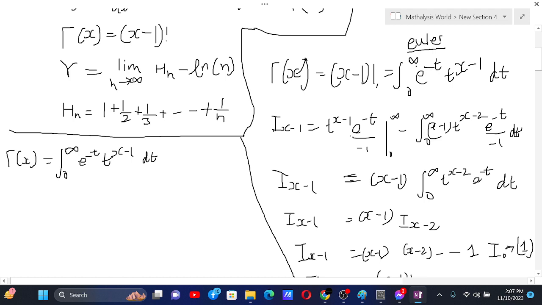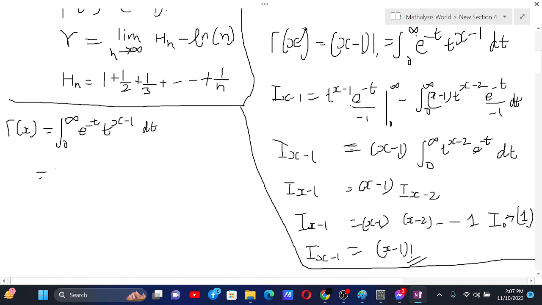Now we can write this e to the power minus t in another form: 1 minus t by n, to the power n, where n goes to infinity, so the limit as n goes to infinity, times t to the power x minus 1 dt.